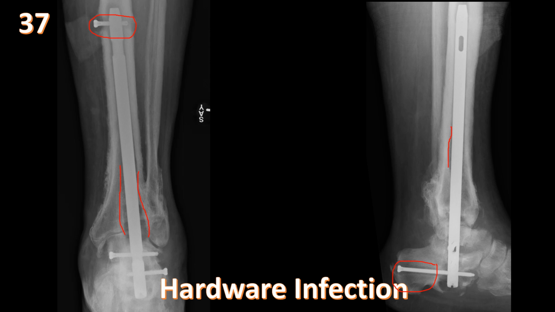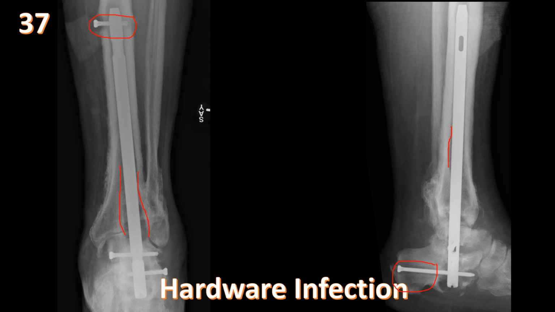You can have aseptic loosening, and you can have infection when you have perihardware lucency. The only thing that can help you is that when the perihardware lucency is symmetric about the entire hardware, it's most consistent with aseptic loosening. But when it's asymmetric, like this one, some regions are much larger than others, it's usually infection, because infection usually does not affect the whole hardware completely.